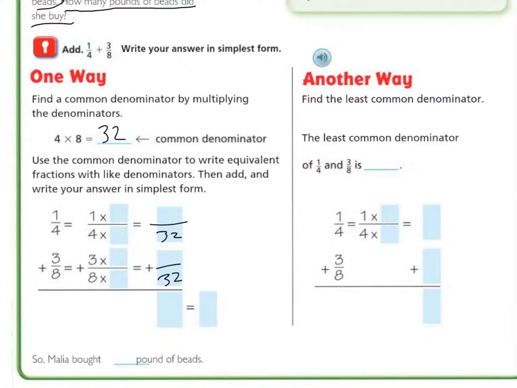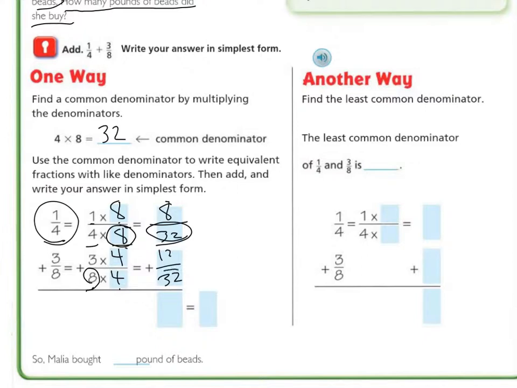On the bottom here, I'm going to multiply this one by 8, because 4 times 8 equals 32. Whatever I do to the bottom, I do to the top. So 8 times 1 is 8. Now over here, in order to make this 8 become 32, I need to multiply it by 4. So we're going to multiply 4 over 4. So 3 times 4 is 12, and 8 times 4 is 32.